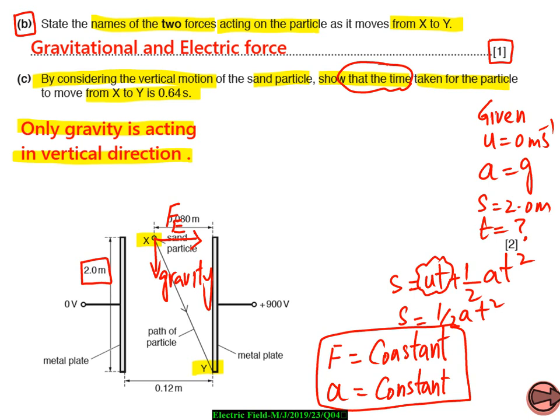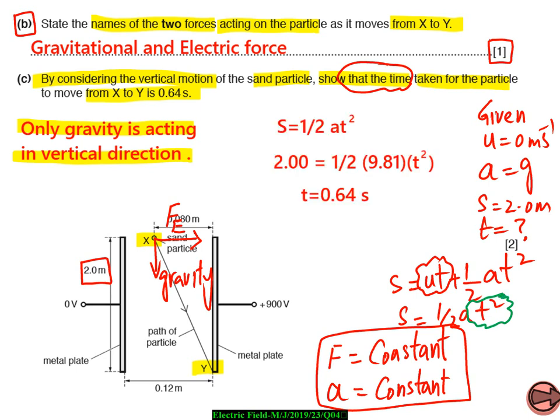So just plug in values for s and for a, and we can find our final answer. In this case, the final answer is equal to 0.64, which is the same as what we need to show. So this is how we can answer this part of the question, parts B and C.